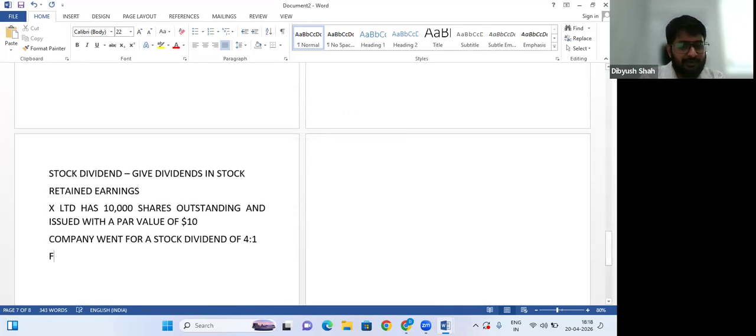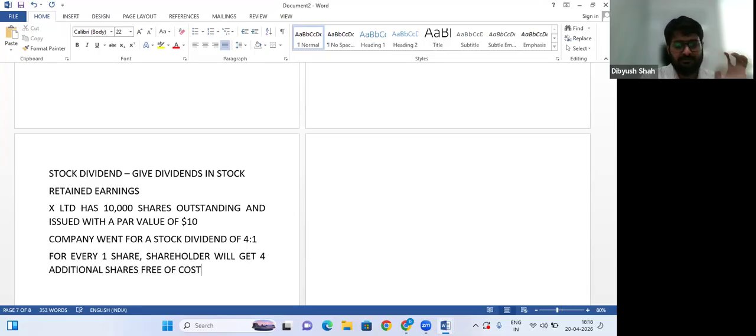That means for every one share, the shareholder will get 4 new shares free of cost. 4 additional shares free of cost, because dividend is free.